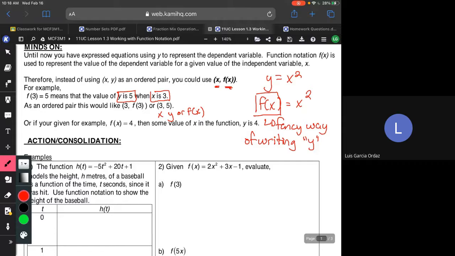So for example, if I have something such as f of x is equal to 4, that means at a specific value, my y value is going to be 4. This will all start to make sense when we start doing examples together.